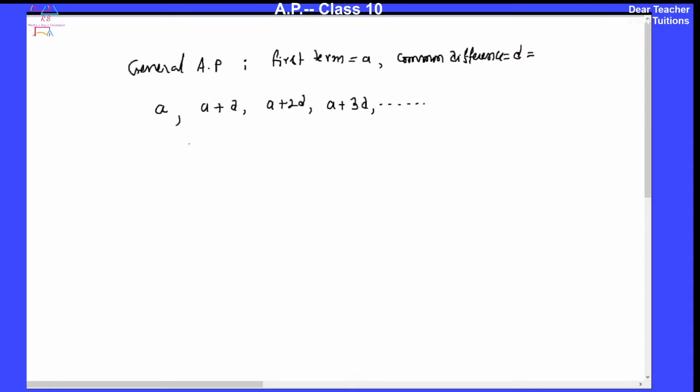Now here there is a formula for the nth term, AN. Some people say TN, the nth term. The first term is A, the second term is A plus D, the third term is A plus 2D. So in all the terms A is there, so even in the nth term A will be there.